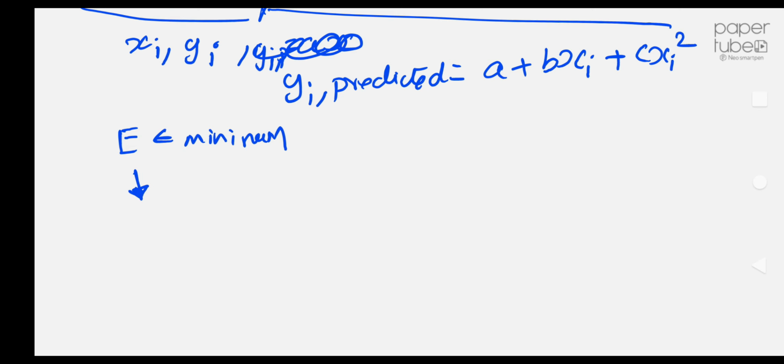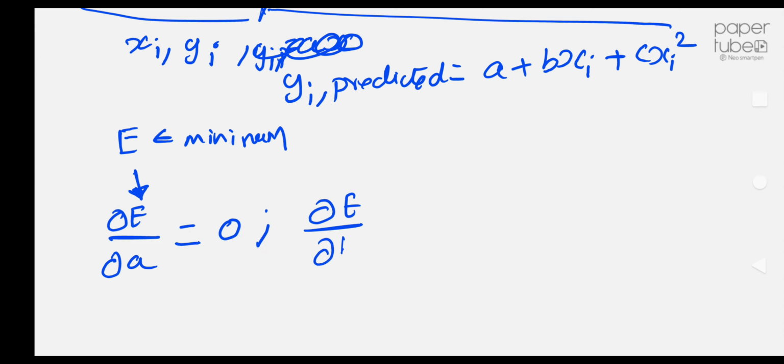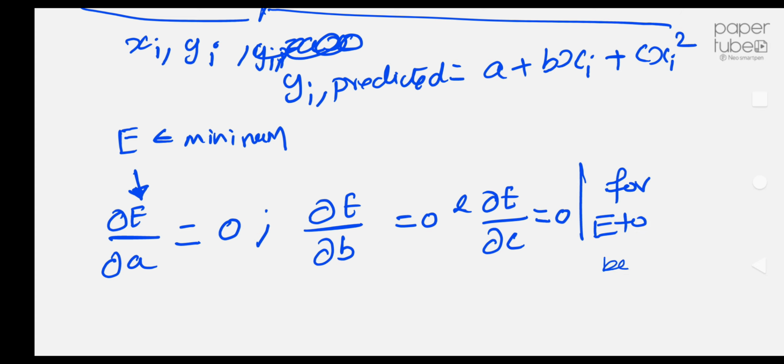Which means we have to meet the following conditions: the change in error with respect to A should be equal to 0, with respect to B should be equal to 0, and with respect to C should be equal to 0, for E to be minimum.